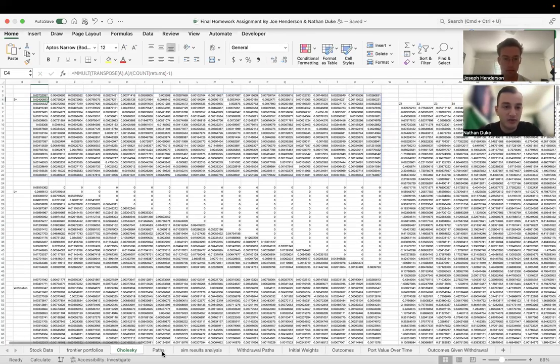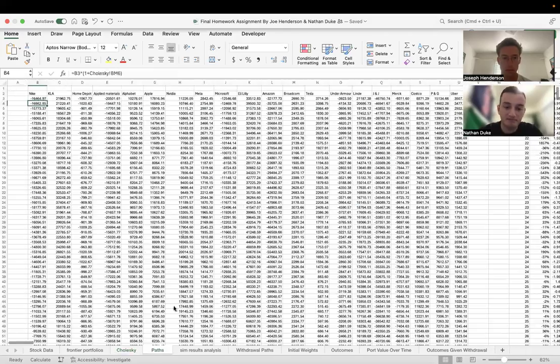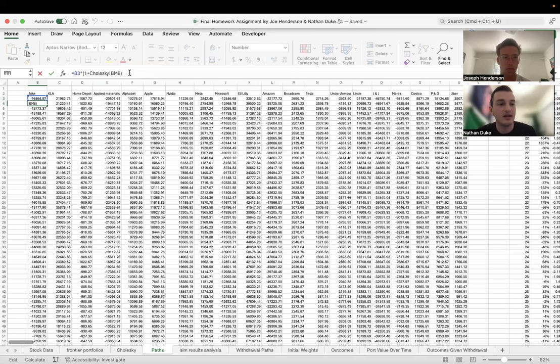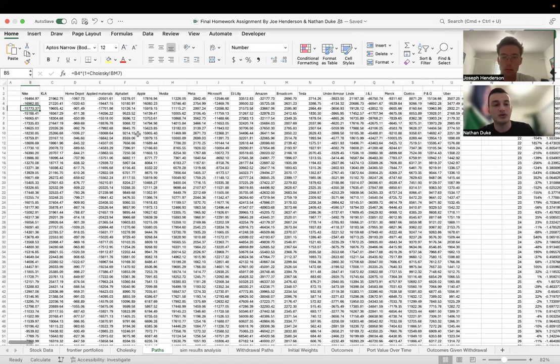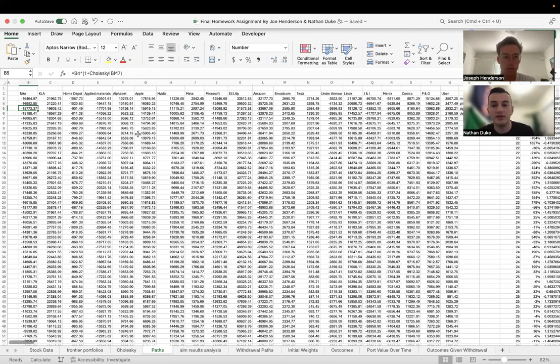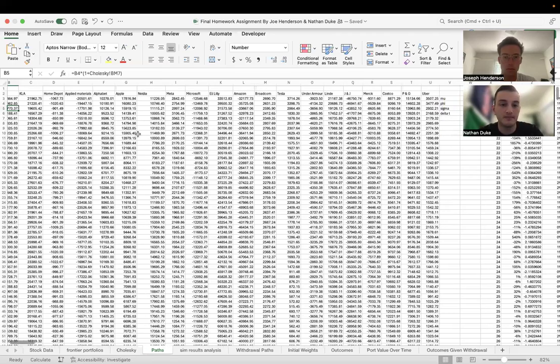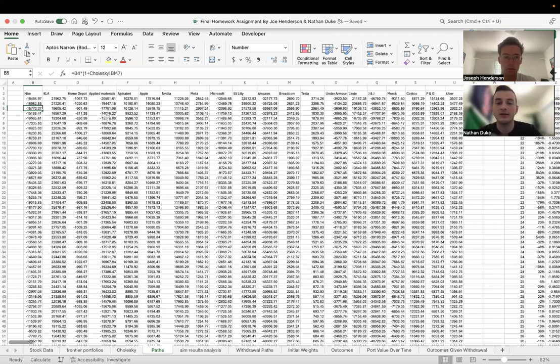Okay, and then if we move over to the paths tab, you can see that here are 20 stocks again. Using the Cholesky numbers from the last tab, we simulated out all of the returns for the stocks over 5 years for all 20 stocks.